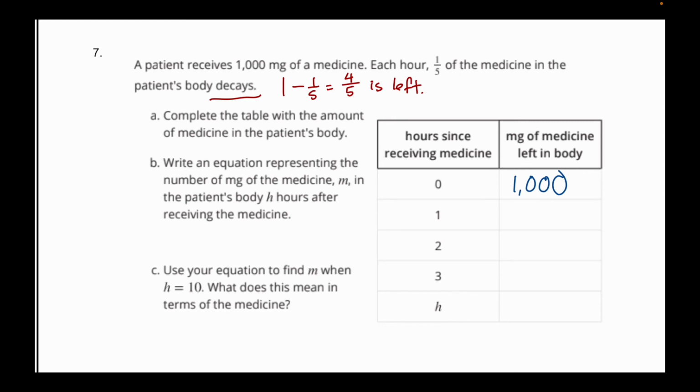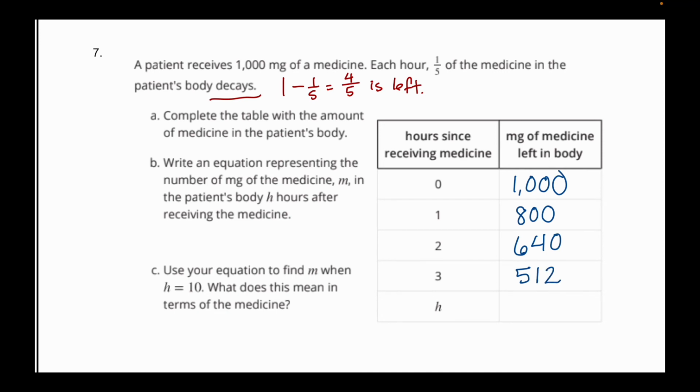So after 1 hour, if we took 1,000 and we multiplied it by 4/5, or in this case, divide by 5 and then multiply by 4, that's going to give us 800 milligrams. And if we did that again and multiplied it by 4/5, that would give us 640.